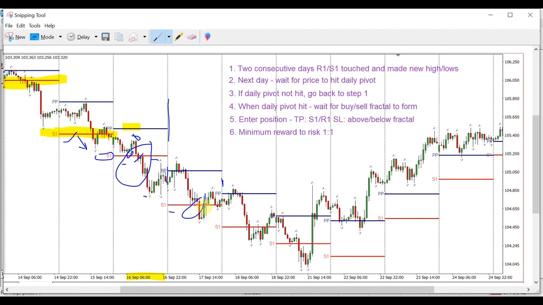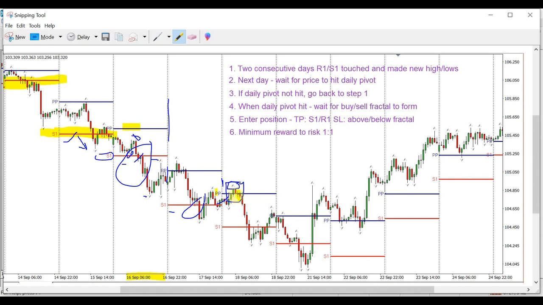And what do we do? We wait for price to go back to its daily pivot, and as you can see here, price went back to its daily pivot and formed another fractal. So if the fractal is on the third bar, fourth, fifth, it would have happened at this bar that I've just highlighted here.